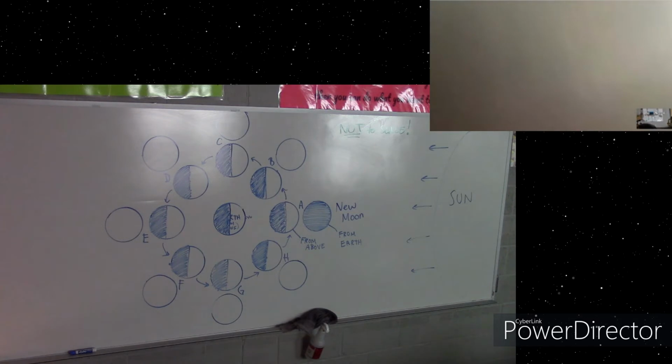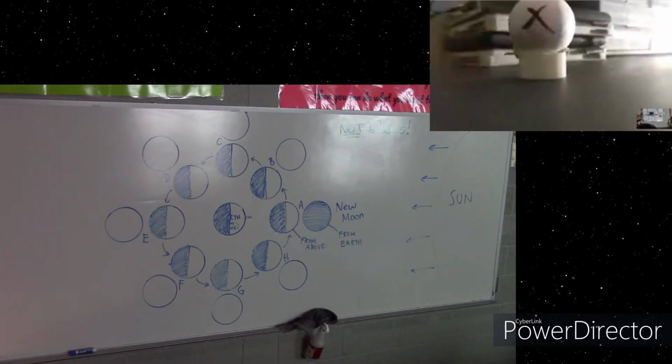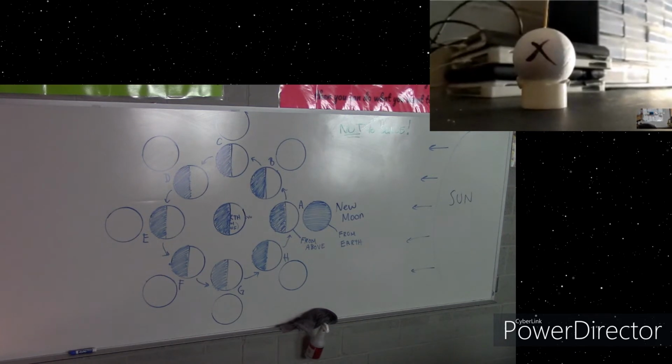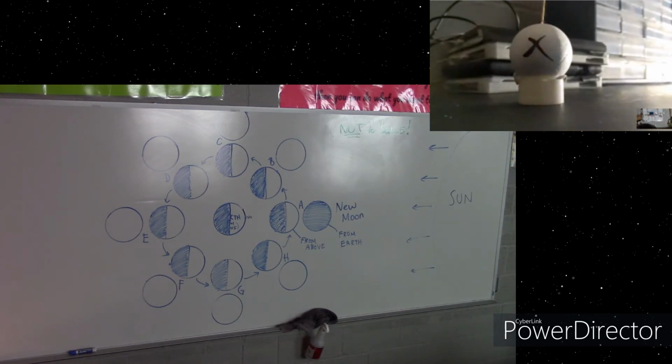All right, so I'm going to put this back where we were, location B. And when you're done shading all your inside locations, you can go back to location B, go to the view from Earth circle, and you can shade what you see on the board right now.